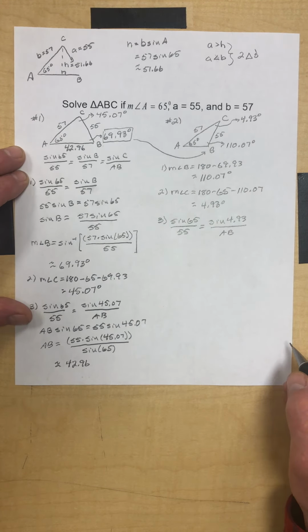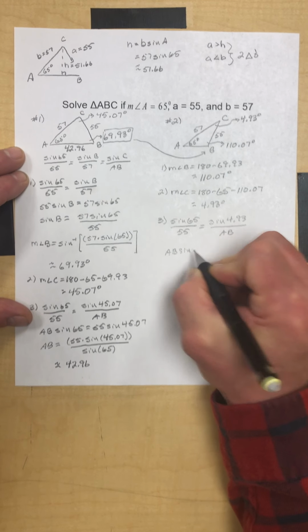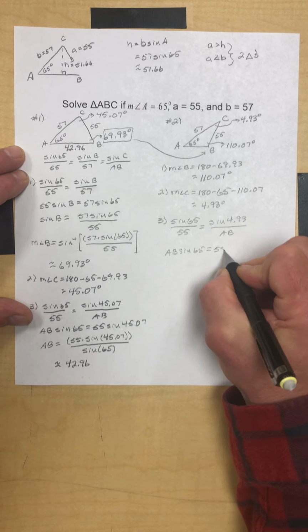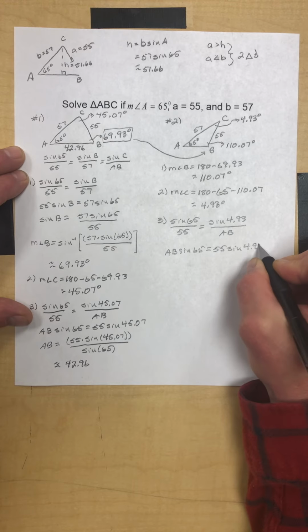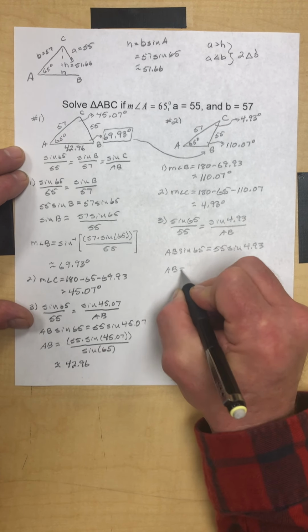We use our cross products, so we get AB times the sine of 65 equals 55 times the sine of 4.93 degrees, and divide by the sine of 65.